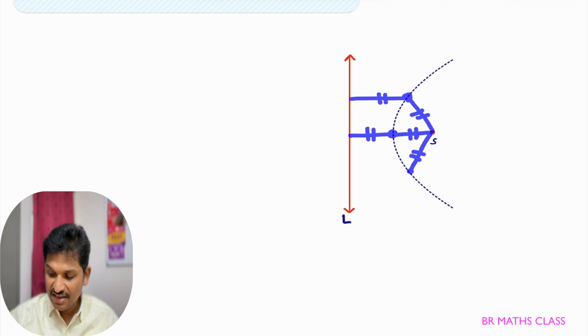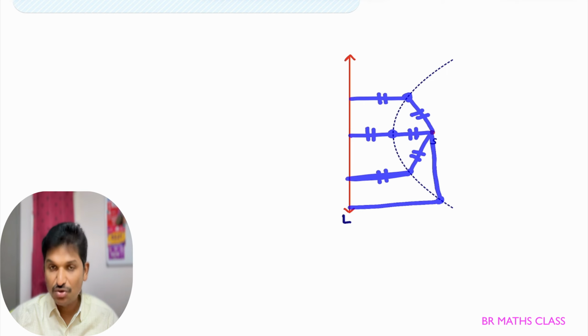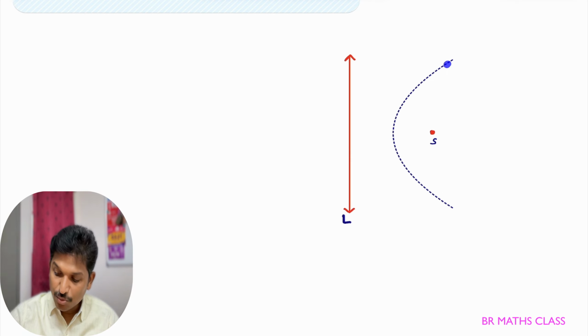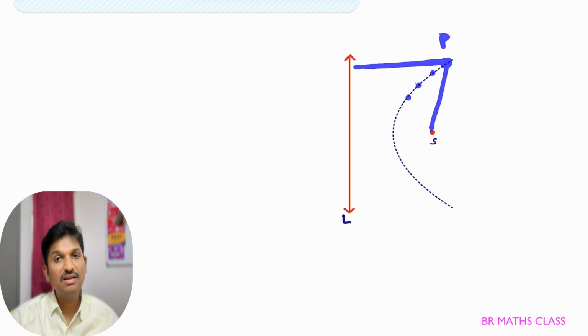Suppose I take a point here, the distance from this point to S and the distance from this point to the fixed line is the same. You consider all such points. If I take a point here, in what way do I consider this point? The distance from this point to S is the same as the distance from this point to the fixed line, right?